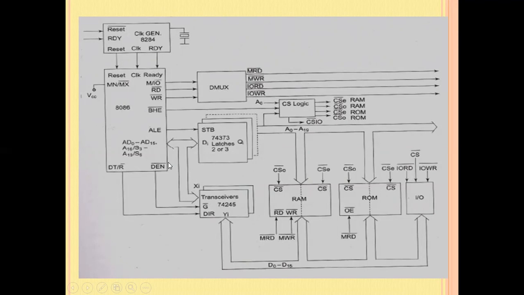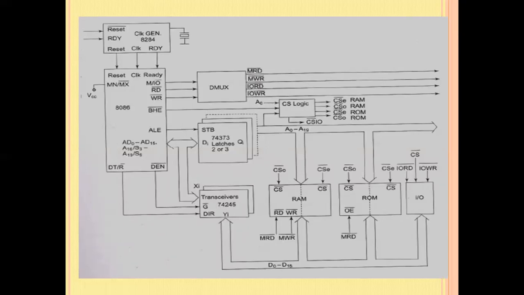For operating a microprocessor, we generally require memory from where the data is going to be accessed and computed by the microprocessor, and after that it may be sent back to the memory.